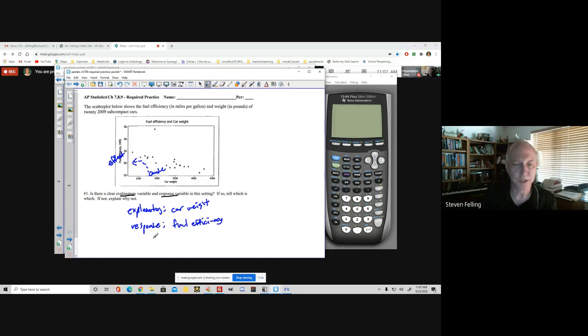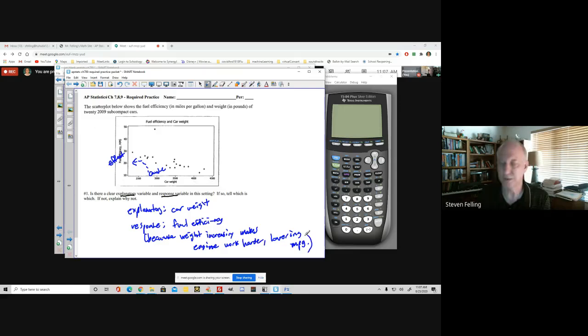And then as far as an explanation, I would say because weight increasing makes the engine work harder. So just try to explain why you think there might be a cause and effect relationship, lowering the miles per gallon. Okay, something like that for the explanation.